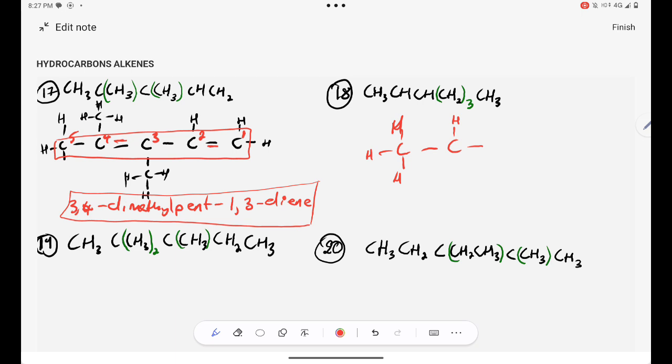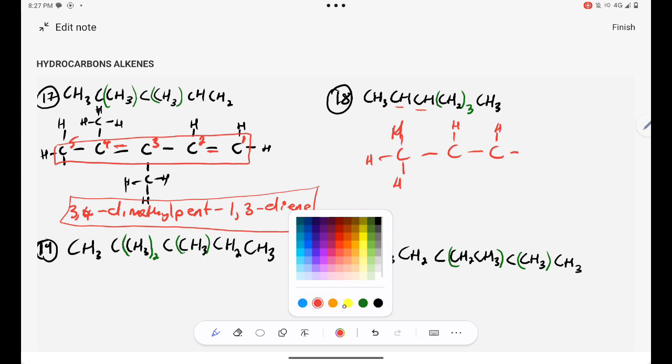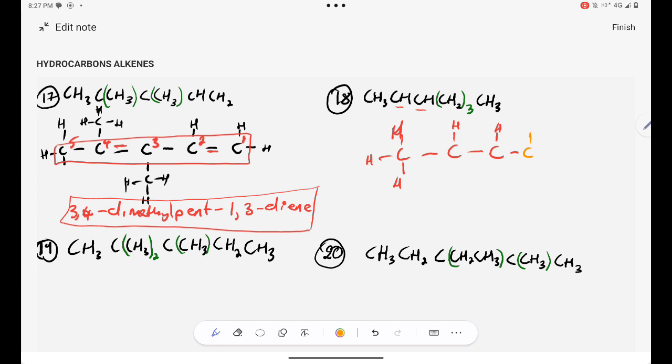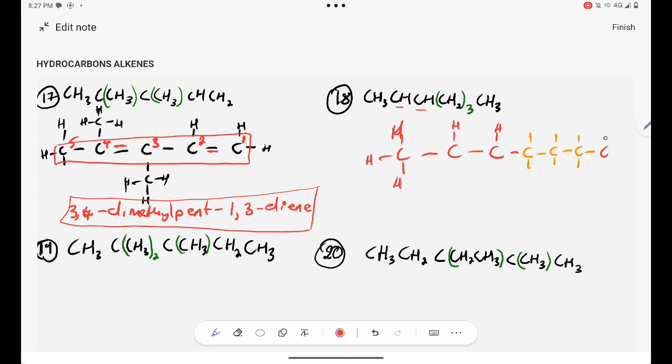Oh, I thought this is a side chain. Excuse me, guys. I simply have CH2s which should appear 3 times. I have CH and another CH. That's the CH, and then the CH2s that should appear 3 times. That's 1, 2, and 3, and then I'll simply have a CH3.